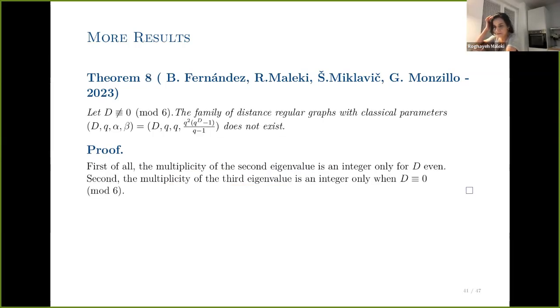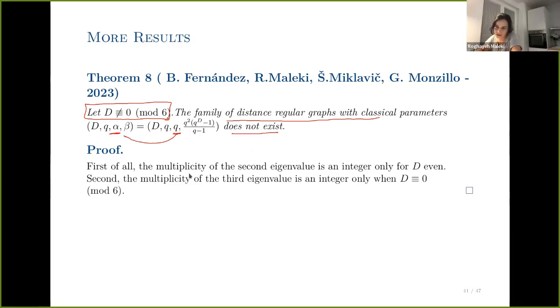For the next family, we observe that if we have this little condition in the beginning that D is not congruent to 0 mod 6, then the family of distance regular graphs with classical parameters where alpha equals Q does not exist.